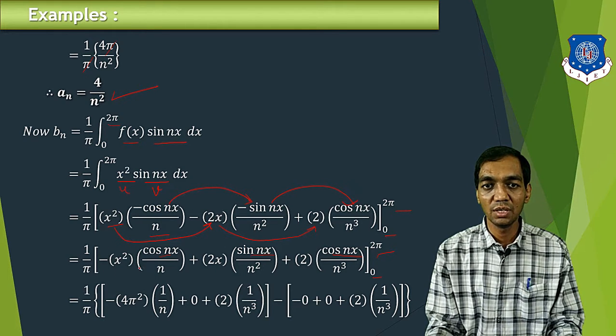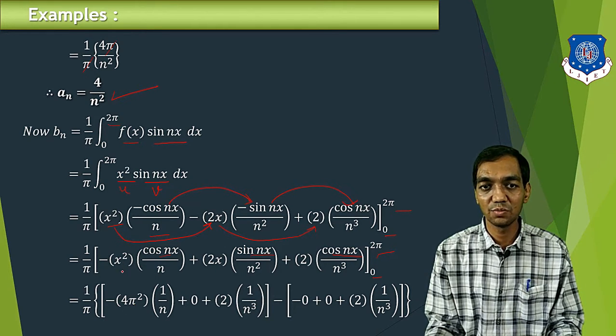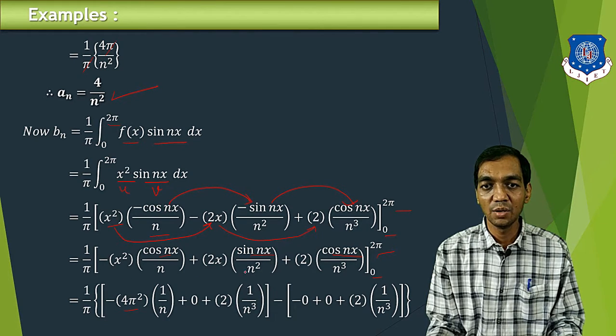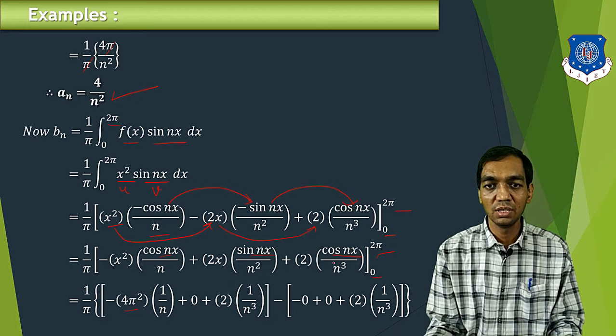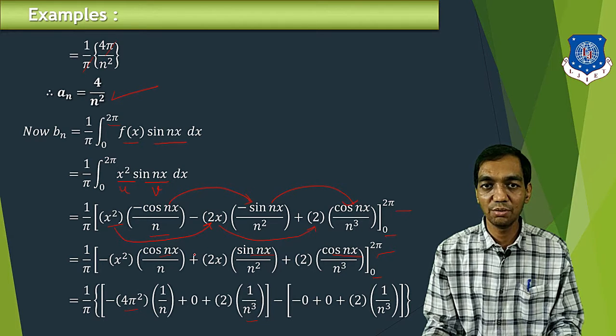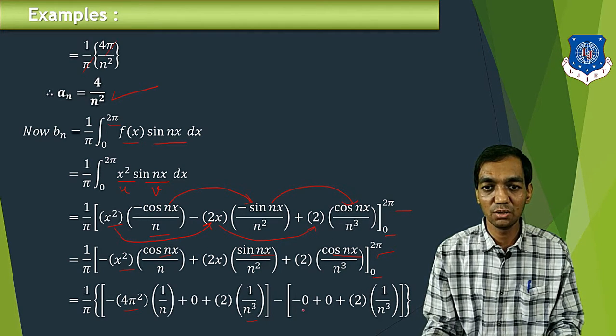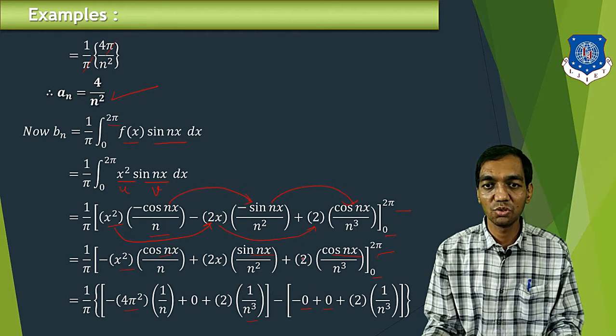So for the upper limit, you have minus 2 pi whole square, that is 4 pi square into 1 upon n, plus this term will be 0, and this term is going to be 2 into 1 upon n cube. Minus, whenever you substitute 0, then this term is 0, 0 into anything will be 0. So first two terms are 0. And cos 0 has a value 1, so you have 2 into 1 upon n cube.